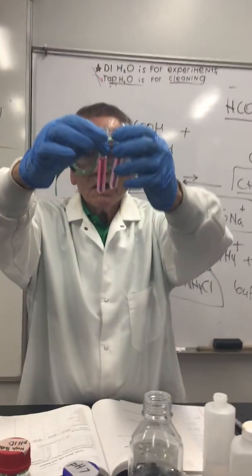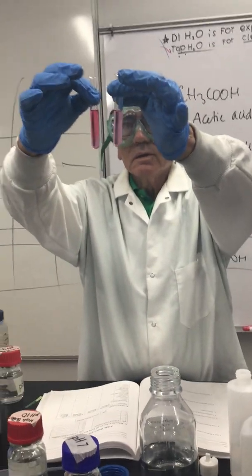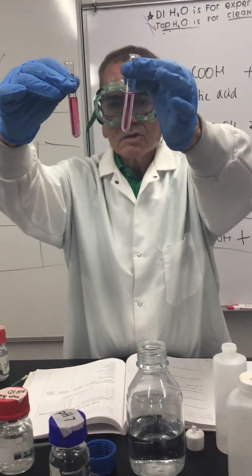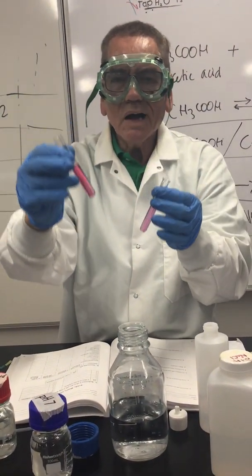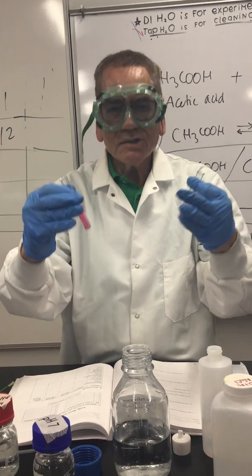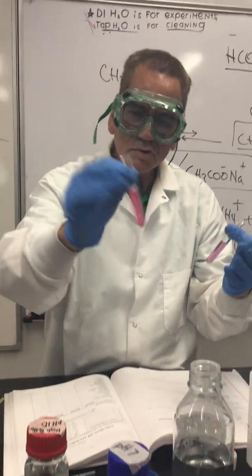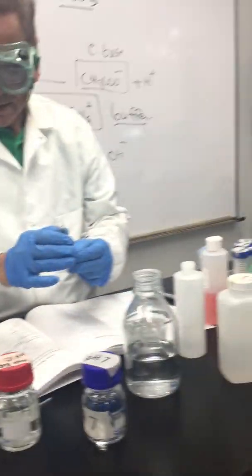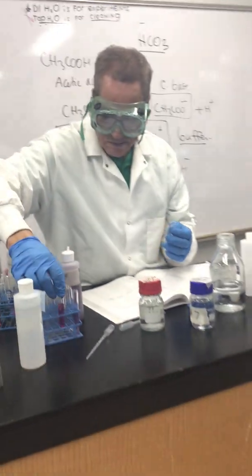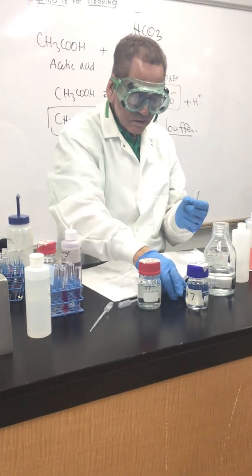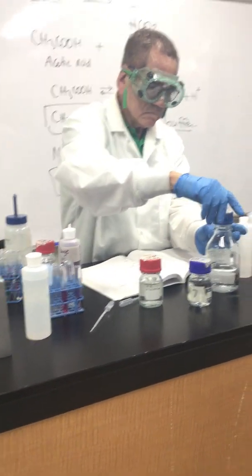You see the color changed? Almost pink, correct? So the drops of the acid did change the pH. It dropped the pH from 7 to about maybe 2 or 3. That's water with acid. Let's do water with base.